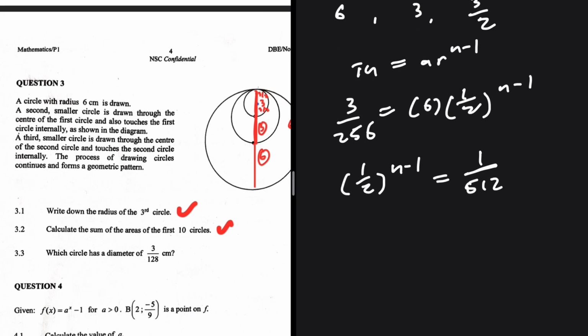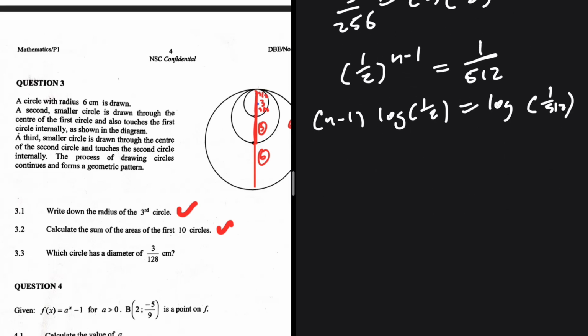Okay, so I can just introduce log on both sides here. I get (n minus 1) log of a half equal to log of 1 over 512. So obviously I'm going to get n equal to log of 1 over 512 divided by log of a half, plus 1 when I take 1 to the other side. So let me substitute that in my calculator.